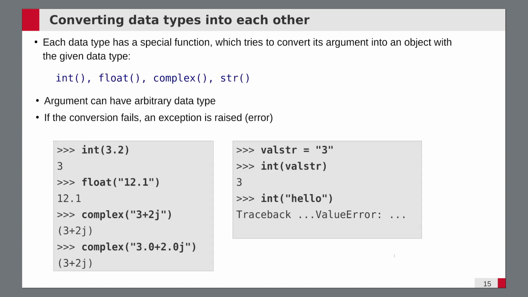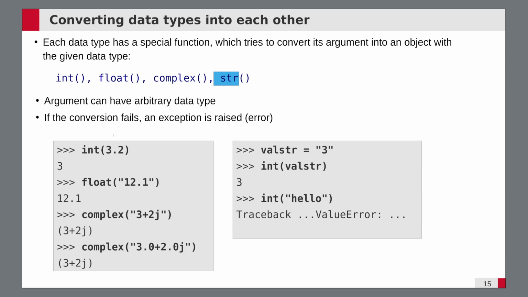Good. The last thing which I would like to discuss here is how you can convert data types into each other. And that's very, very straightforward in Python. Every data type which we have learned until now has a converter function: for the integers, the converter function int; for the floating point numbers, the conversion function float; for the complex numbers, the conversion function complex; and for the string, of course, str.